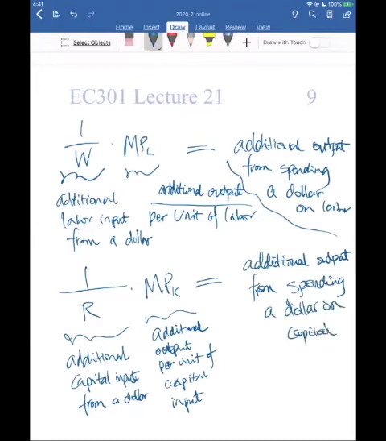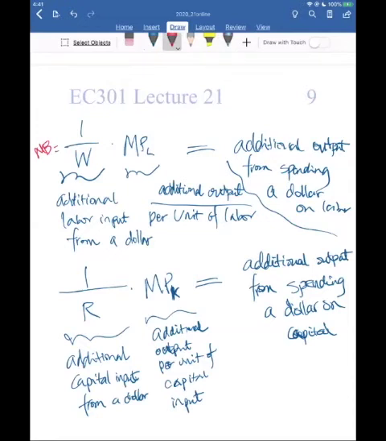Since in fact all your money will be spent on purchasing labor and capital, it must be the case. So think about a dollar. If you spend that dollar on labor, then this is the marginal benefit of that dollar.